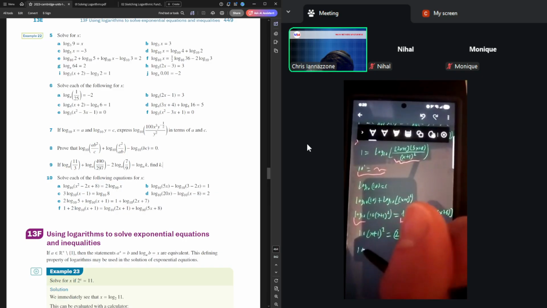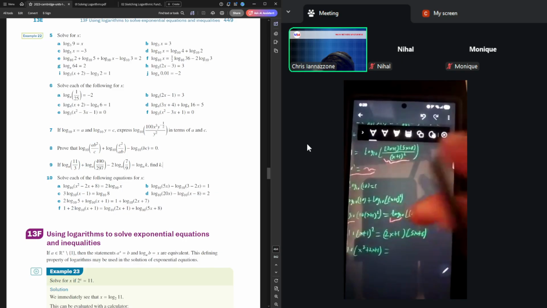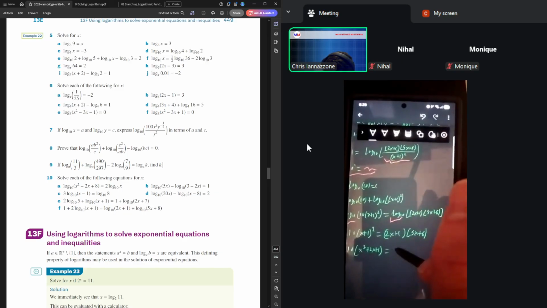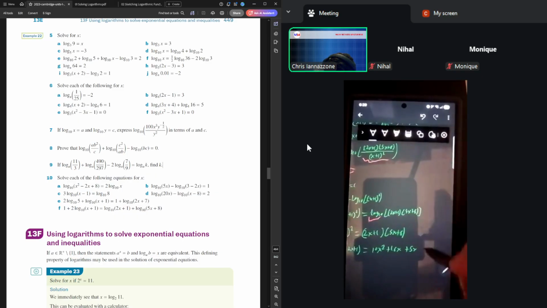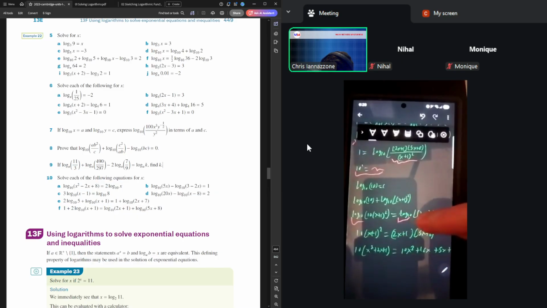So 10 bracket, and now going to have x squared plus 2x plus 1 is equal to, so 5, 2 is 10x squared, 8, 2 for 16x, we're doing that one, now 5x and 8. Cool.